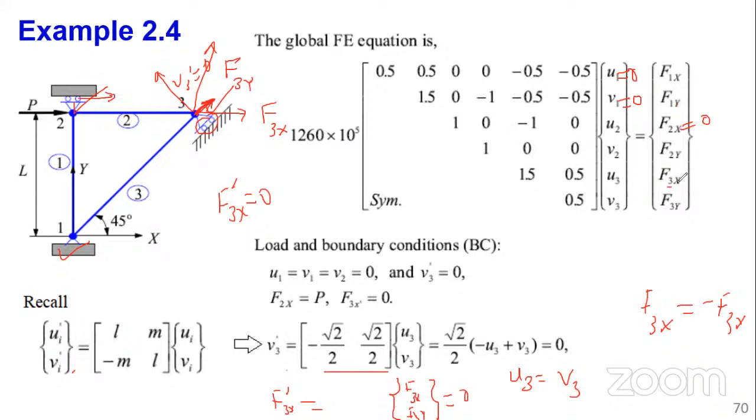Then F3x, we are saying, is the same as F3y, so this is the same as minus F3x. Okay. Again, if you look at what we have derived, we are saying U3 is equal to V3. Of course, we say V2 is equal to 0. So this V3 is equal to U3.